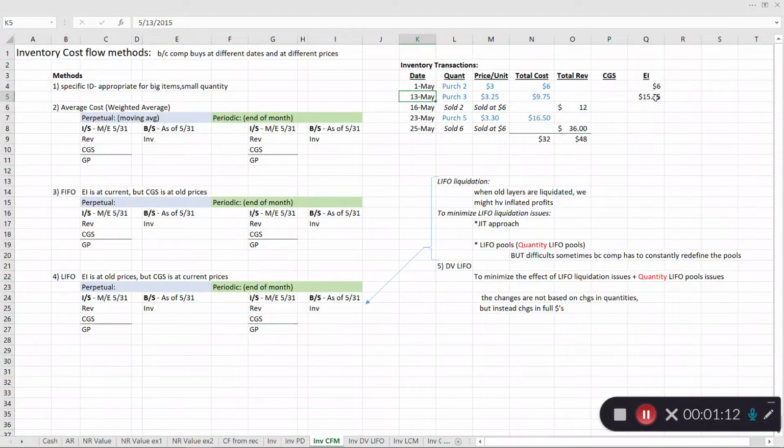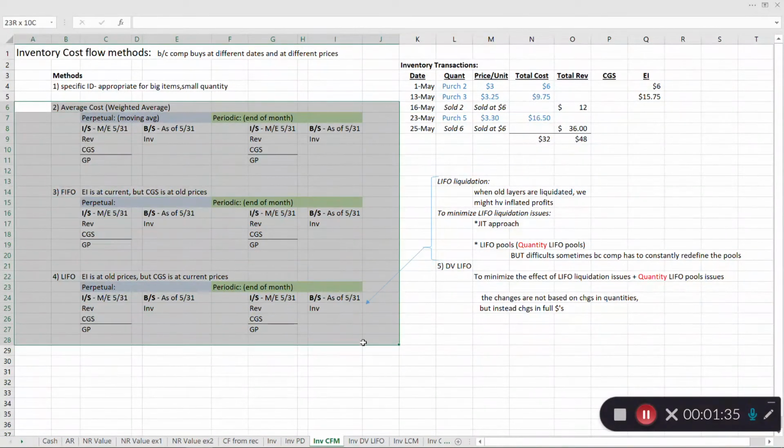So that's $15.75. And then on the next transaction, you sell 2 of these 5 units at $6 each. So then the question comes up, at what cost do we expense them? Do we expense those at $3.25, or at $3, or the average? And those are the methods that we have available to us right here.